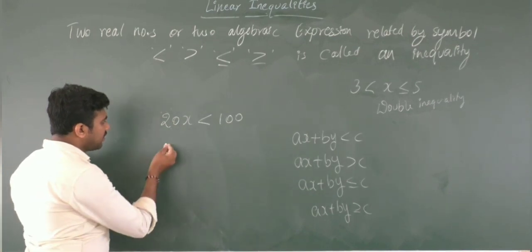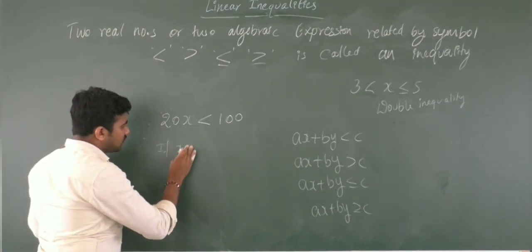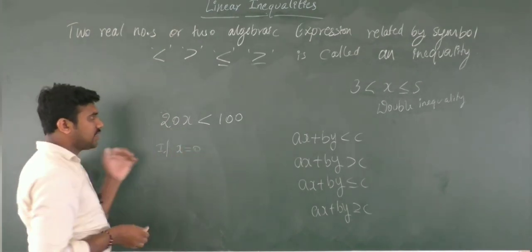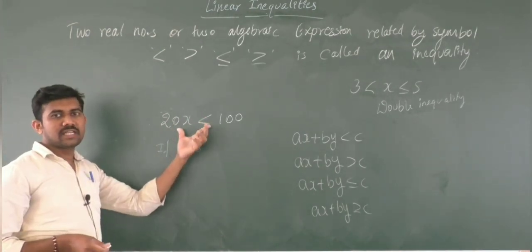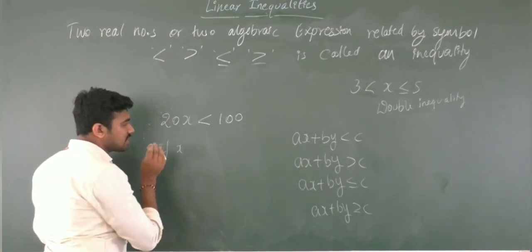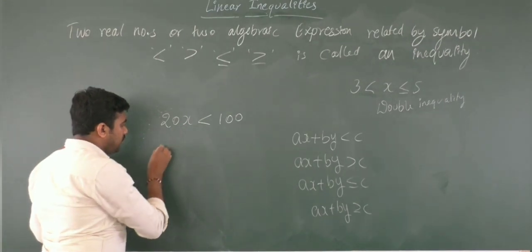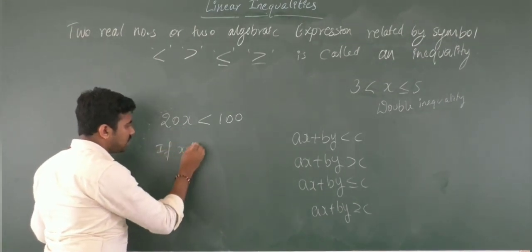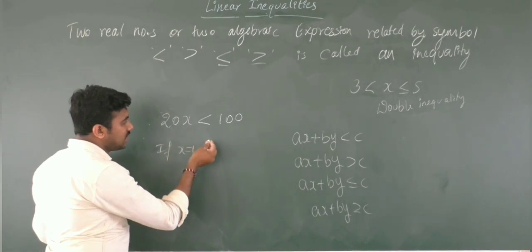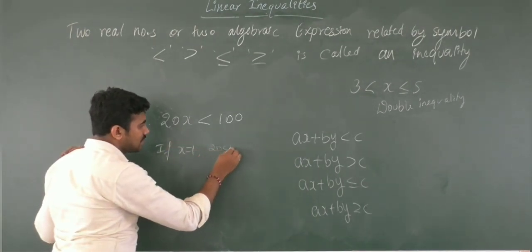You can observe here, if you consider natural numbers, if x is equal to 1, then we get 20, which is clearly less than 100.